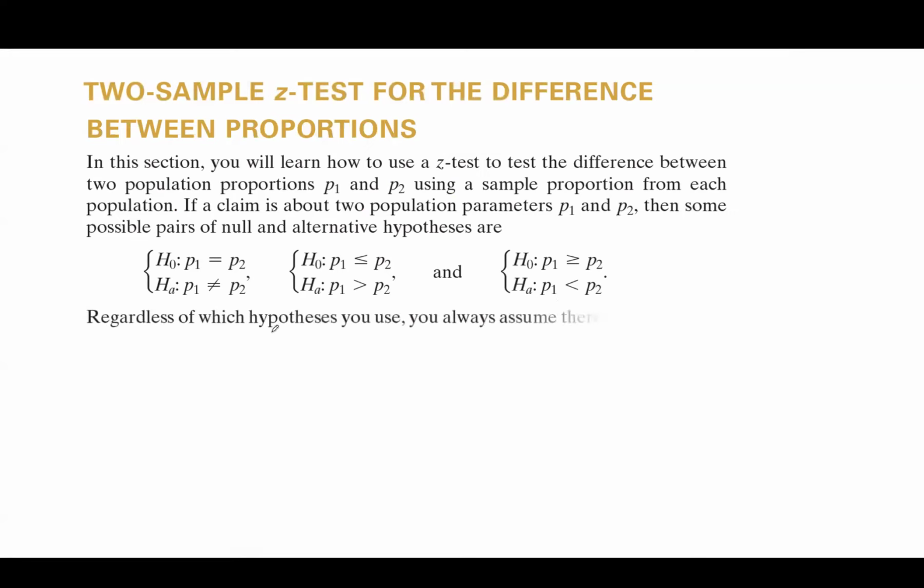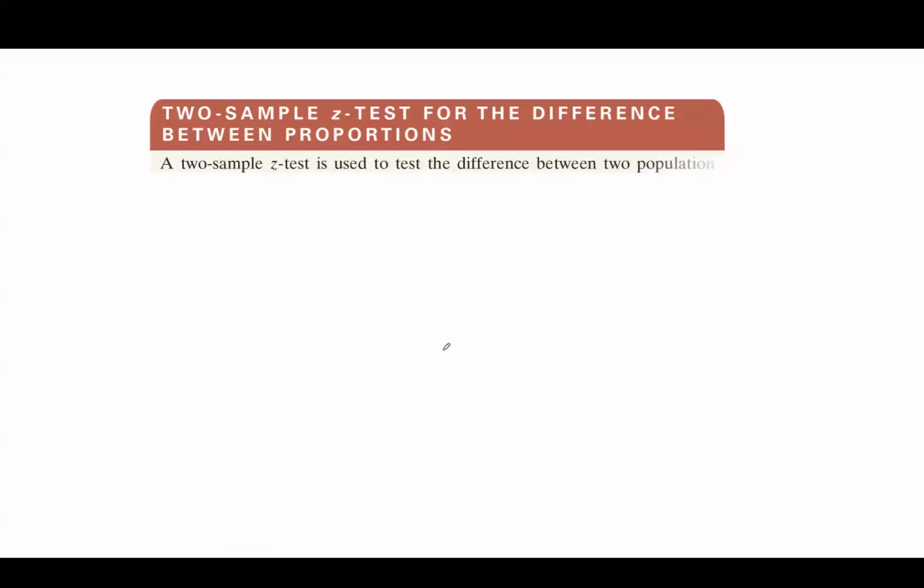Please note that regardless of which hypothesis you're going to use, you always assume there is no difference between the population proportions. It means that P1 is equal to P2. Now, two sample z-test for the difference between proportions has the following steps. A two sample z-test is used to test the difference between two population proportions, P1 and P2, when these conditions are met.